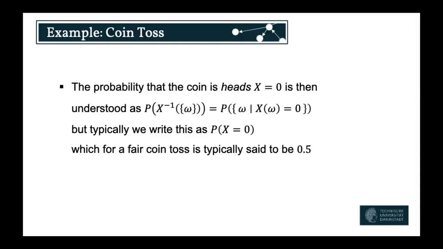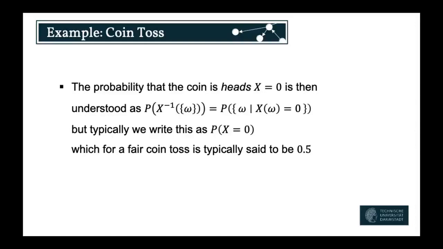And for example, if we look at the probability of the coin being heads, so X equal to 0, then formally, what you will know is P(X = 0), but what you formally write is this rather complicated term. Let's break it down: P is again the probability measure, X is the random variable, and to the power of -1, so we are inverting it, and we are looking at all these omegas where X would be 0, like all the ways the coin could flip and then land so that we evaluate it as heads.